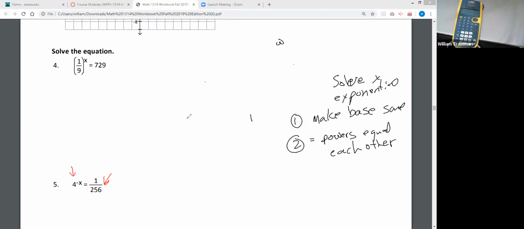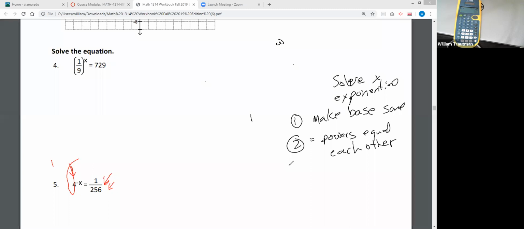I'm using the base of 4, and I'm trying to get it to equal 256 somehow. 4 raised to the third power is 64. No. 4 raised to the fourth power is 256. So I have 4 raised to the fourth power, 256. I needed my calculator to verify that, okay, that sounds good to me.